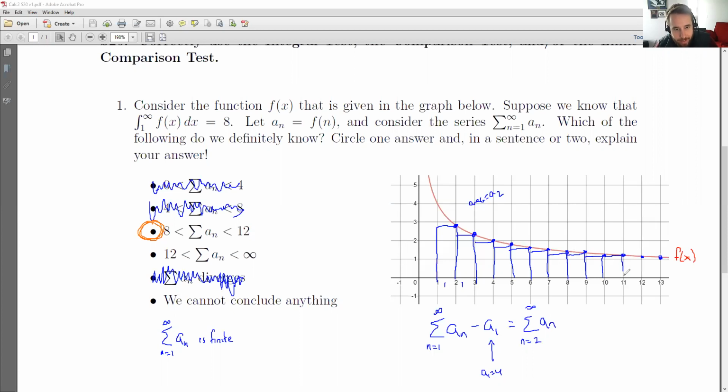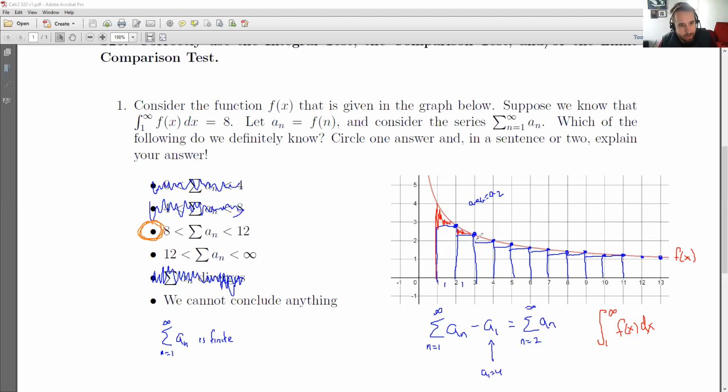But when I draw it in my picture this way, we can make the really nice observation that if I wanted to turn around and compare this to the integral from 1 to infinity of f of x, well, that would be all of the area under the curve to the left of x equals 1. In this case, that would become a larger value than the sum we're currently looking at, because the total integral has all of this extra area.